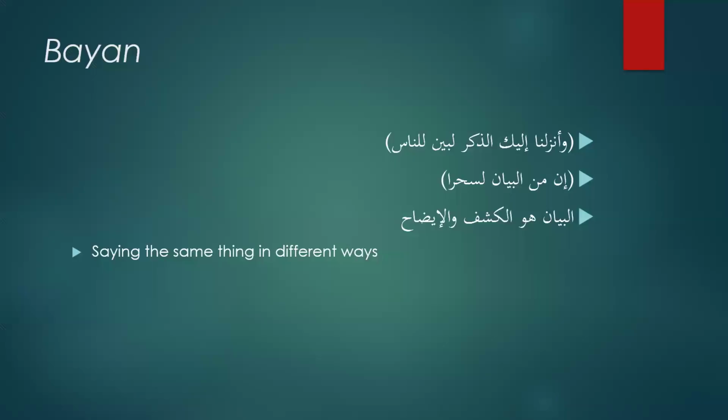So saying Khabib is an animal is a type of bayan, because what we're doing is elucidating or clarifying and illustrating the meaning in a way that would not be possible literally.